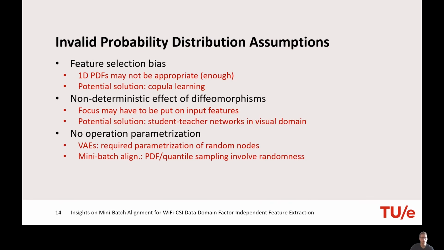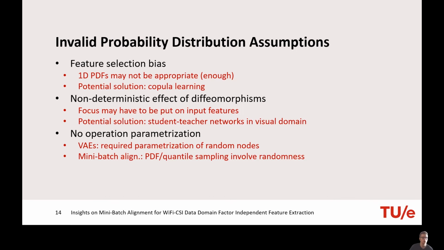One of them is that we may have made specific invalid distribution assumptions, of which one is feature selection bias, which means that one-dimensional probability density functions might not be an appropriate feature for mitigating the domain effect in specific input samples.